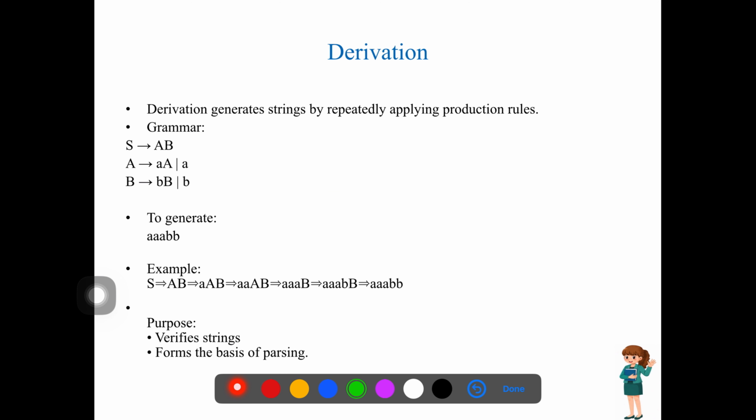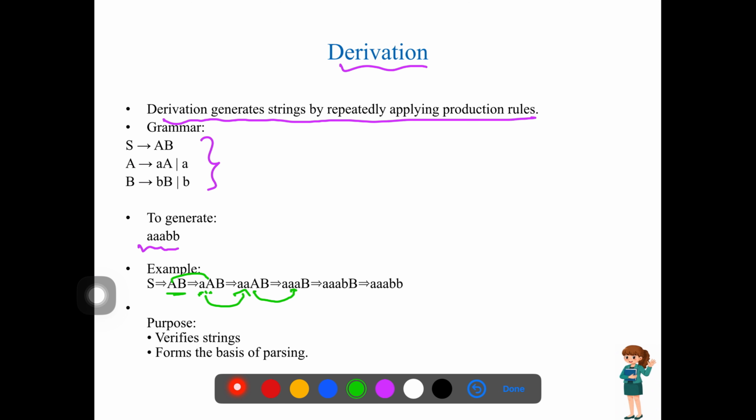Derivation. Derivation generates the strings by repeatedly applying the production rules. For example, we have this grammar. We need to generate aaabb. For example, S produces AB. Again, A produces AA, and B I kept as it is. Again, A produces AA, B I kept as it is.